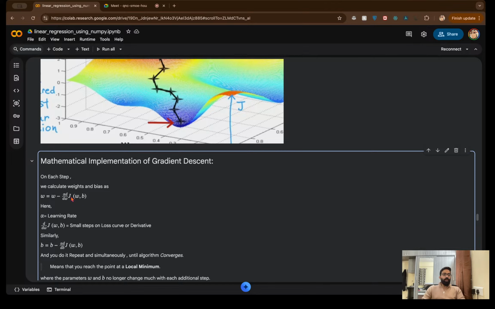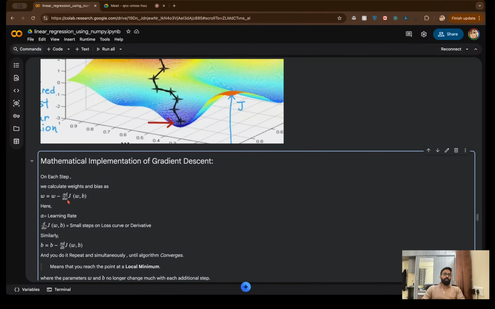What do I mean by dJ by dw? It is a partial differentiation of the function J(w,b). The function J(w,b) is a function of two variables w and b, and I am partially differentiating this function with respect to w.